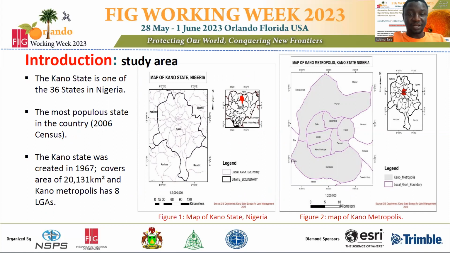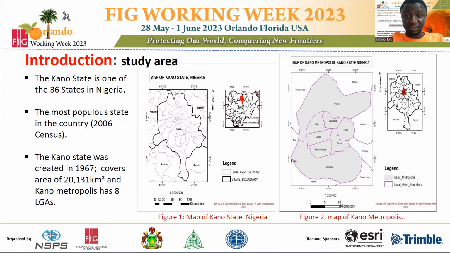Kano State is one of the 36 states in Nigeria. It is the most populous state in the country, according to the last population census of 2006. The state was created in 1967 and covers an area of 20,131 square kilometers.